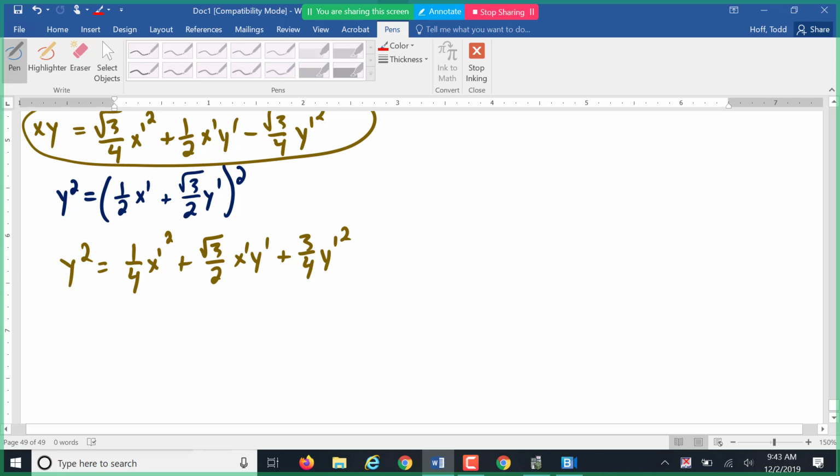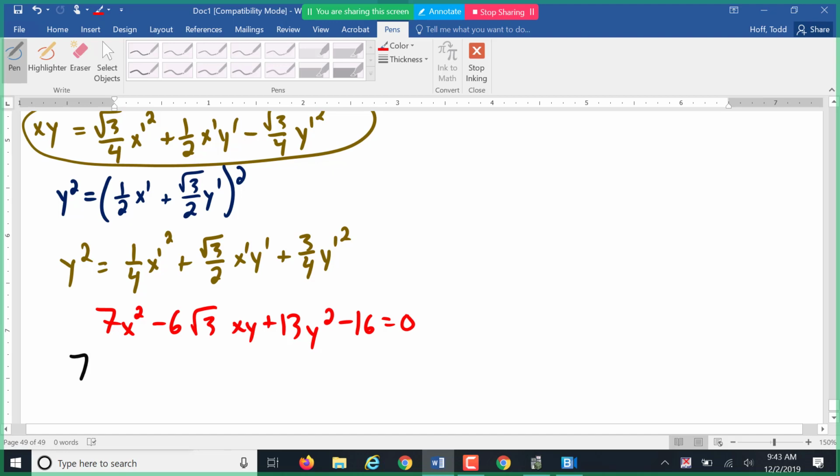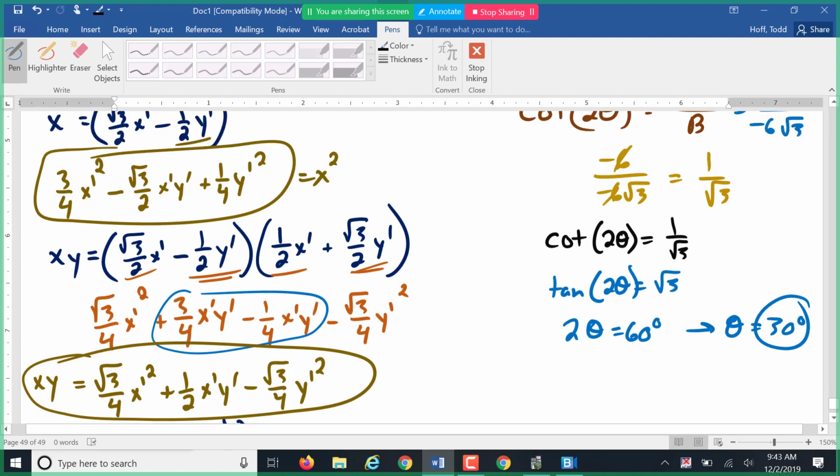Now remember the original equation, 7x squared minus 6 square root of 3 xy plus 13y squared minus 16 equals 0. So we will replace x squared with 3/4 x prime squared.